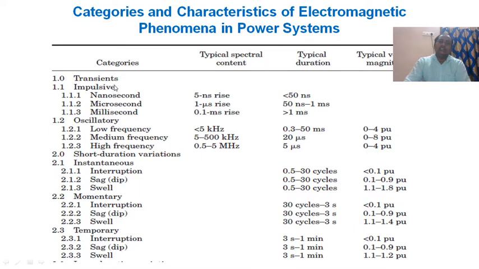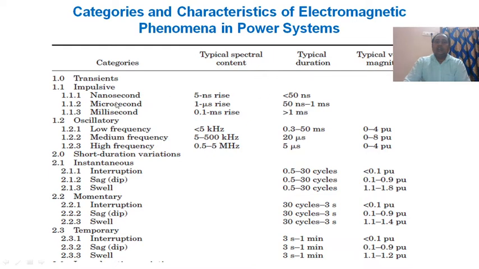In transients, we have impulsive and oscillatory transients. In impulsive transients, there are nanosecond, microsecond and millisecond types. For nanosecond, a 5 nanosecond rise time, the typical duration is less than 50 nanoseconds.